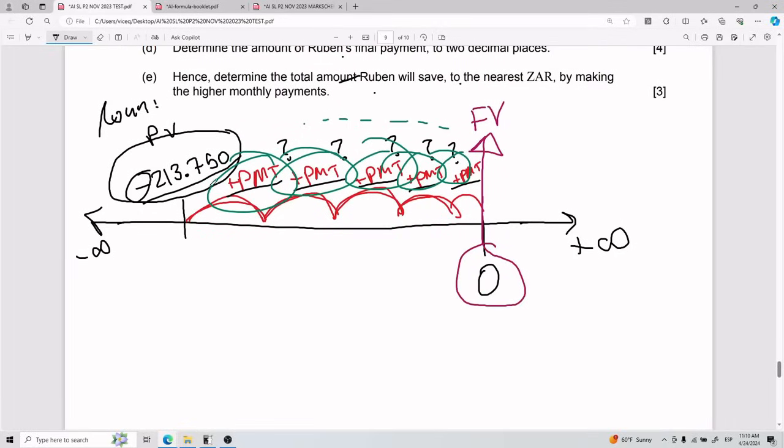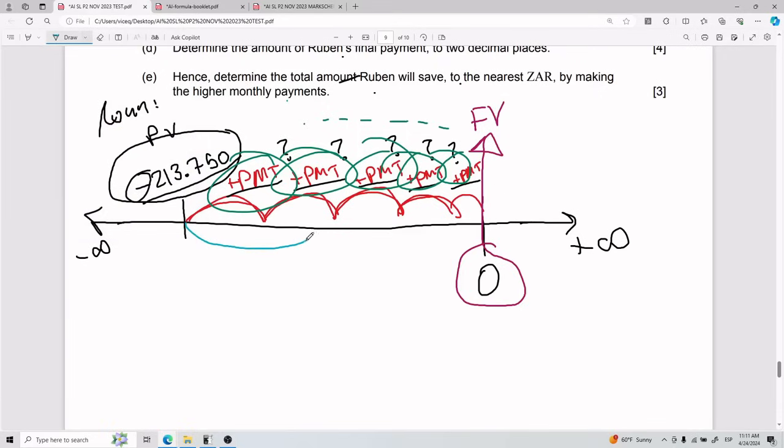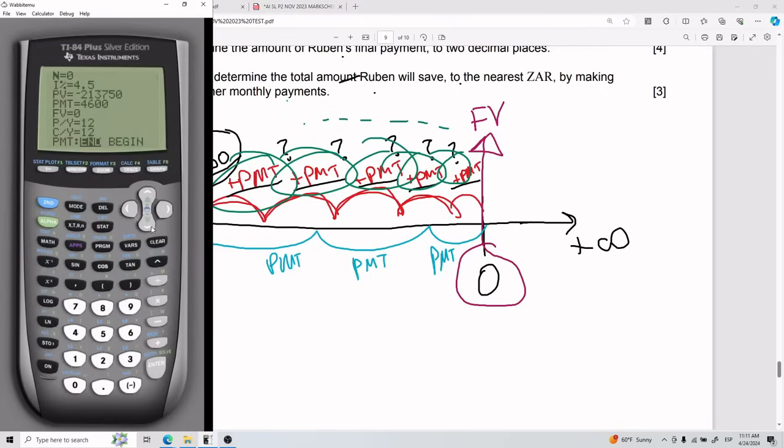So really, it's the same diagram that I drew here, just that your PMTs are going to be a little bit faster. So it should be less PMTs in order to reach an FV of 0. So it's a stronger PMT, and that means that big N changed. So you plug everything in. K is still 12, so these are still 12.